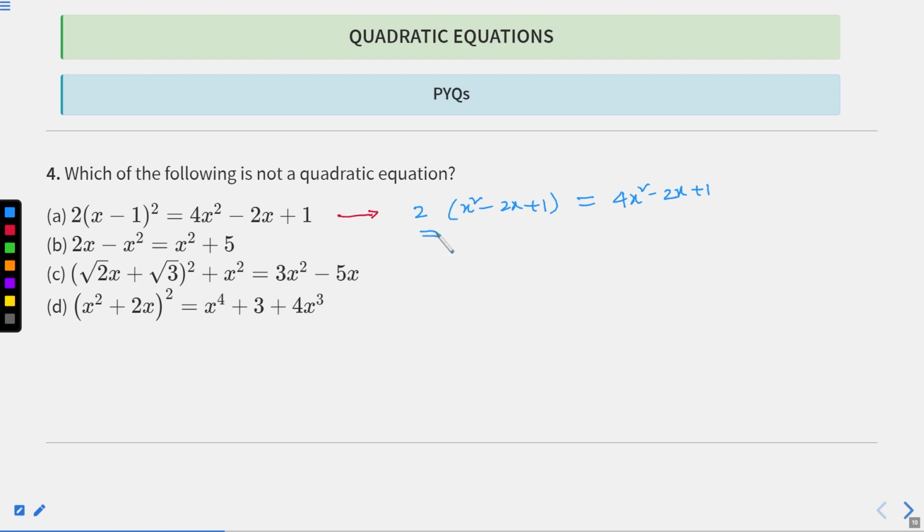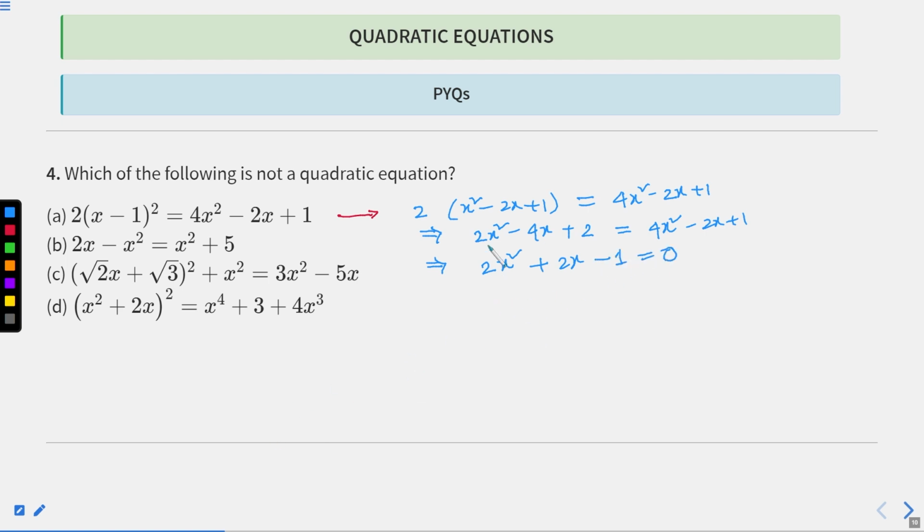It implies 2x square minus 4x plus 2 is equal to 4x square minus 2x plus 1. And it implies 2x square plus 2x minus 1 is equal to 0.